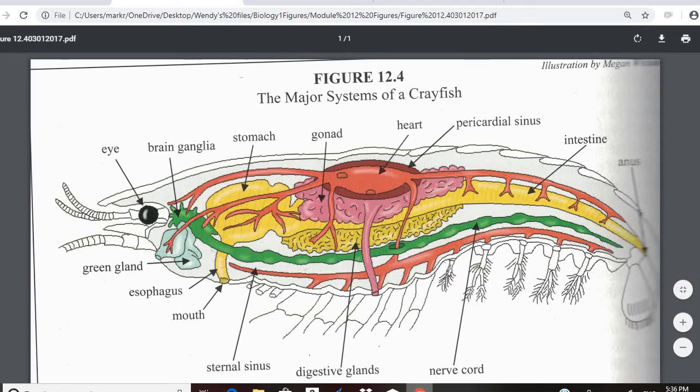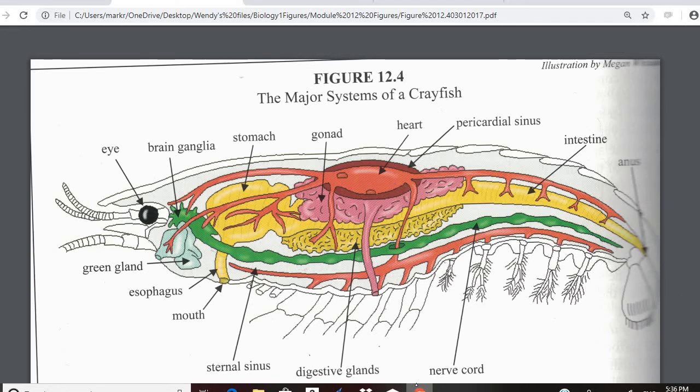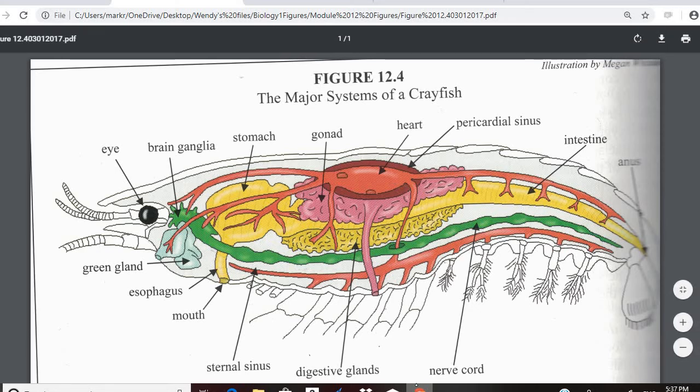And then those larger blood vessels branch out, and then the blood itself leaves those blood vessels and actually goes and bathes the tissues themselves. So here we see the blood vessels supplying the brain ganglia.